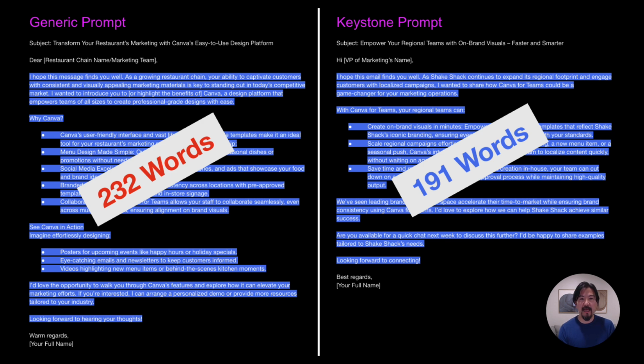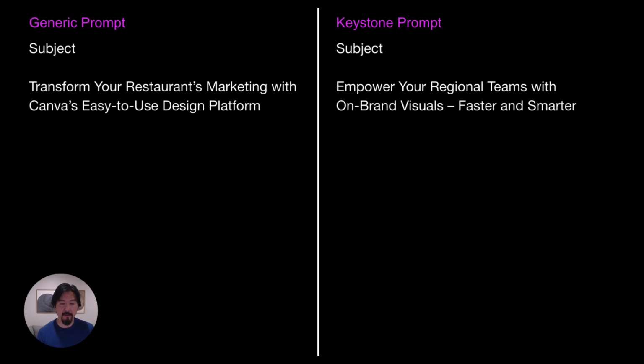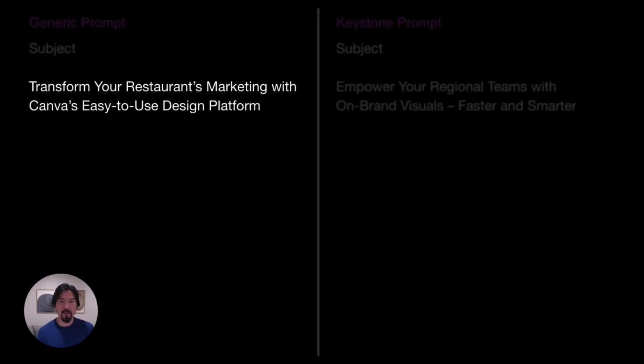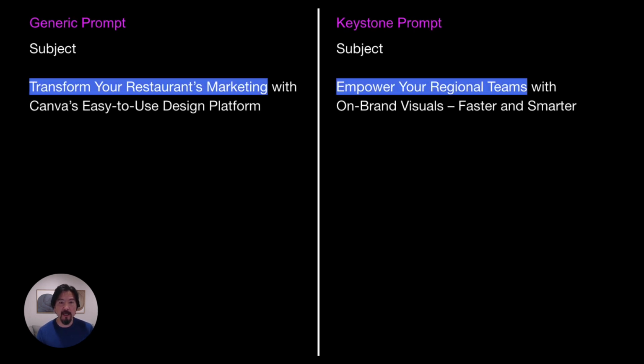Now, let's examine the actual content of the email. Even the subject lines of the emails are different. The generic subject line is "Transform your restaurant's marketing with Canva's easy-to-use design platform," while the keystone subject line is "Empower your regional teams with on-brand visuals, faster and smarter." The generic subject line emphasizes marketing transformation.